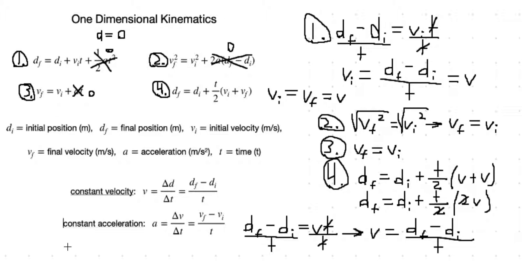So if we have a is equal to vf minus vi over t, we know that they're both equal to v. So we have v minus v over t. So then we get 0 for acceleration. And again, that makes sense because if we have constant velocity, the acceleration is going to have to be equal to 0.